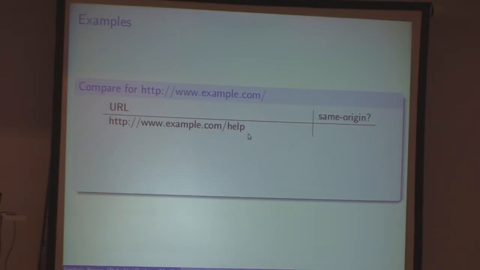Is this the same origin? Everybody's nodding, that's fine. Okay, next URL. What about this? Okay, you're shaking your head, exactly. It's using a different protocol, it's HTTPS and not HTTP. That means the scheme is different and the port as well, even though it's not given in both cases. For the one it's 80 and for the other one it's 443.